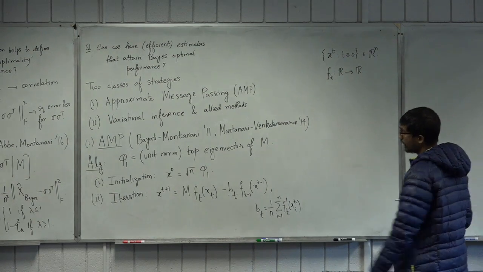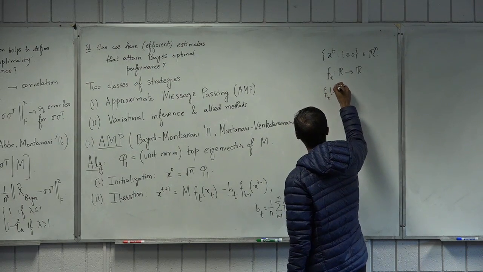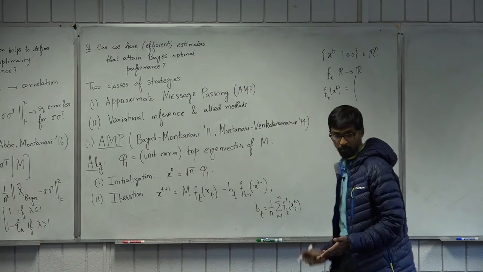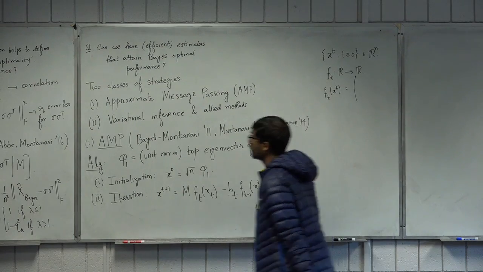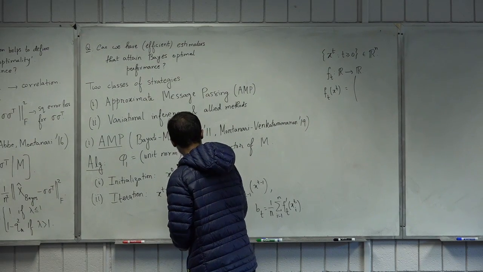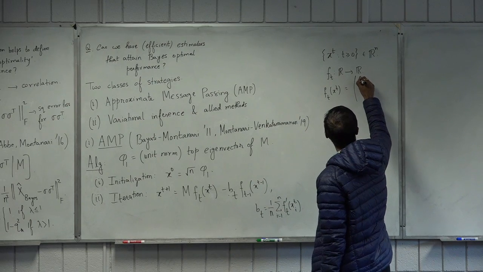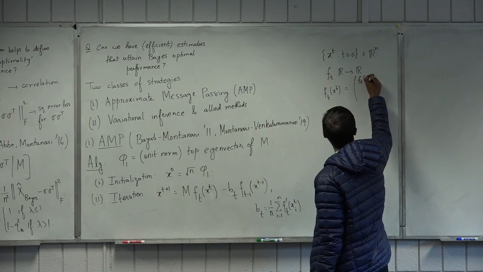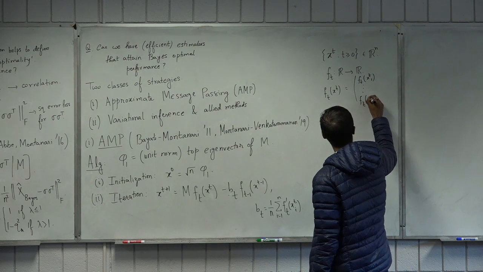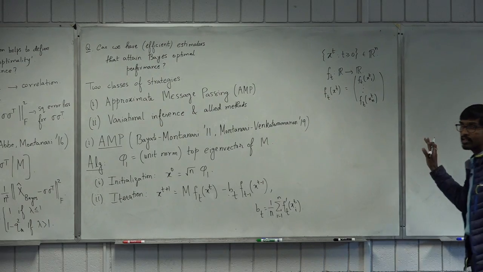When I talk about ft of xt, what I mean is that I apply the function ft coordinate wise. I mixed up my subscripts and superscripts. This is xt. So ft of xt is just ft of xt1 through ft of xtn.